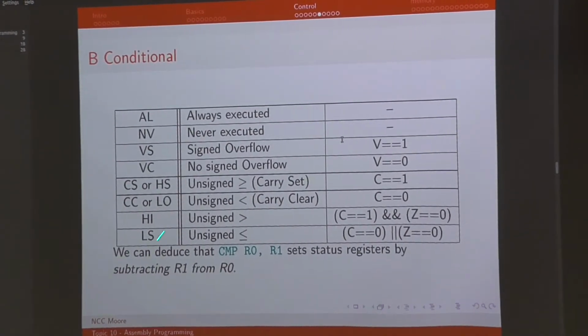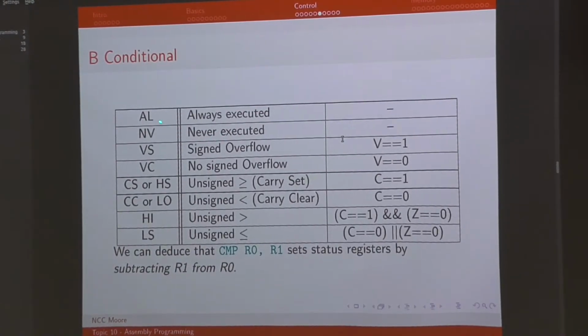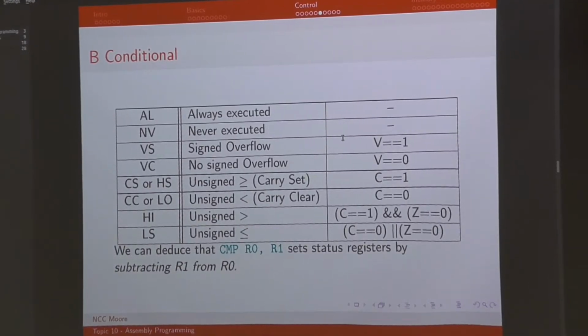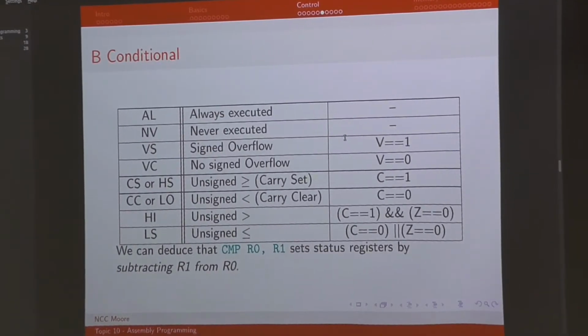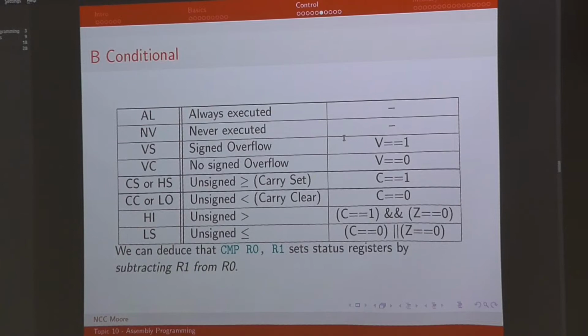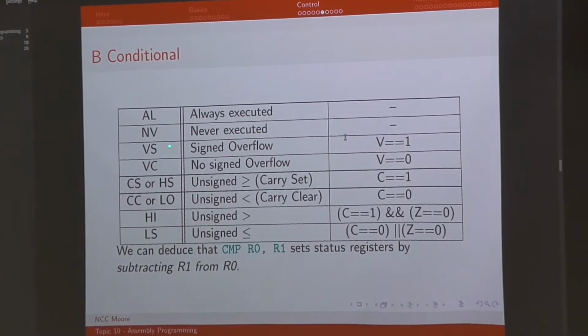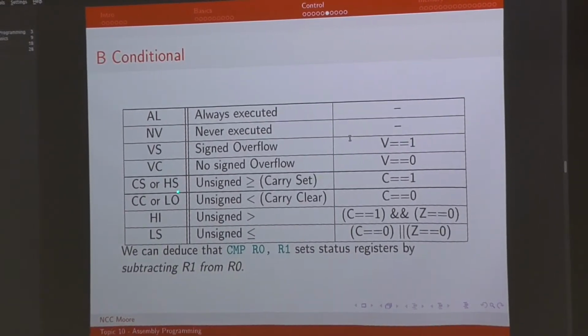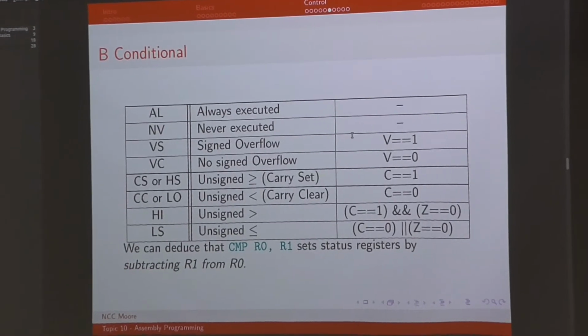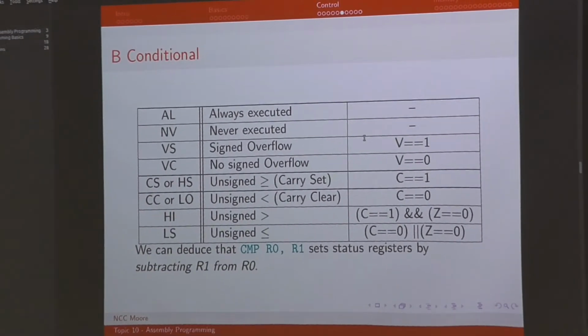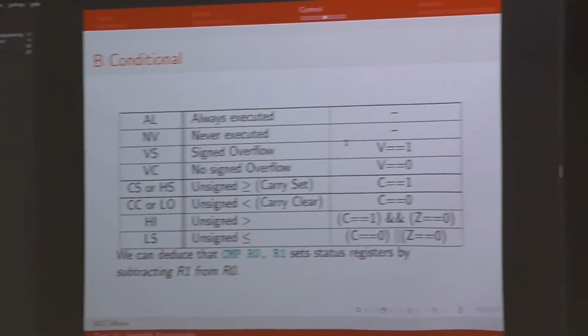There's a bunch more. Always execute, never execute. I don't know why you would need never or always execute, to be honest, because you could just use B for always execute. But signed overflow, no signed overflow, there's just a bunch of them, right? They're all having to do with the various values in the status register.